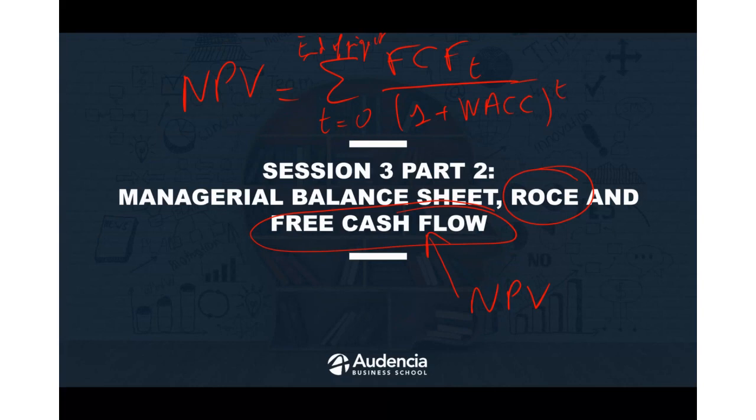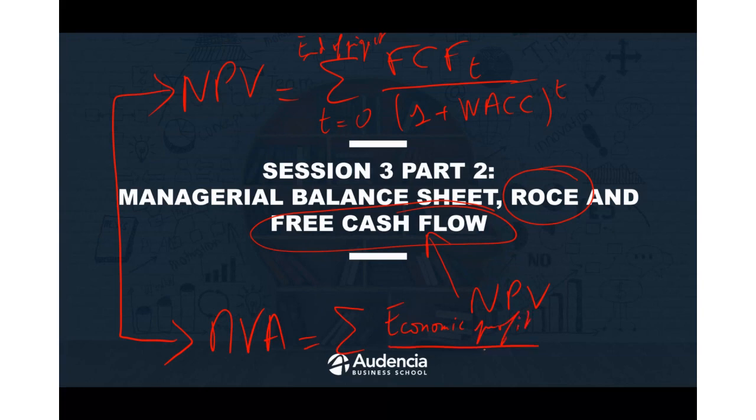And we will see another way to find this one is with what we name the market value added. The market value added is the sum of the economic profits divided by 1 plus the weighted average cost of capital over T, but from T equal 1 to the end of the project.